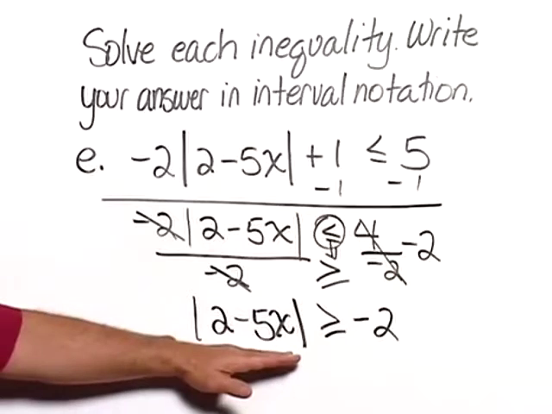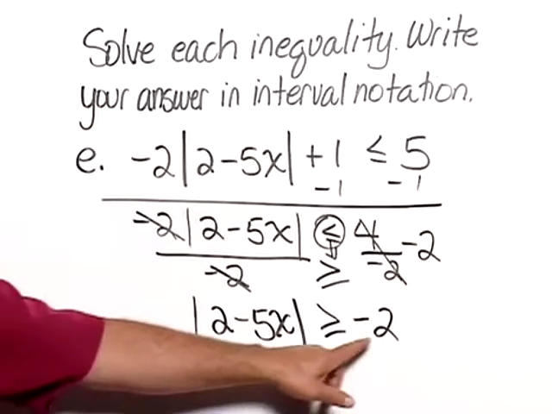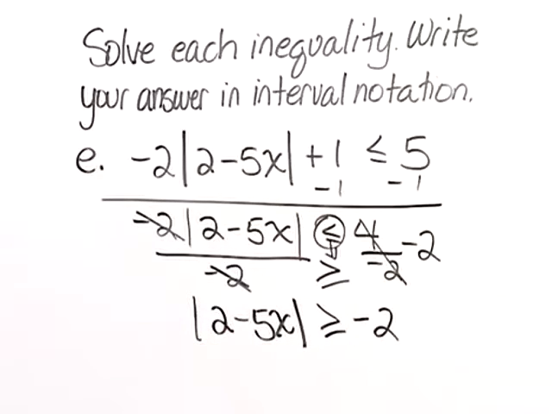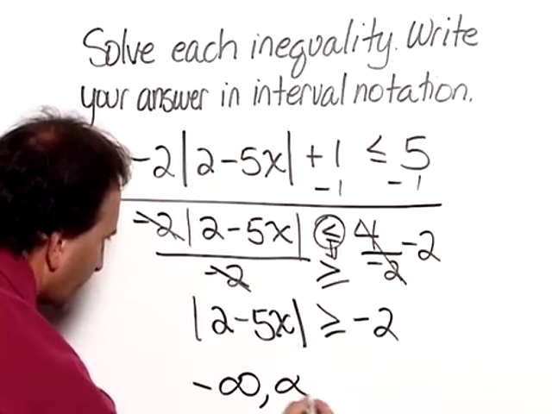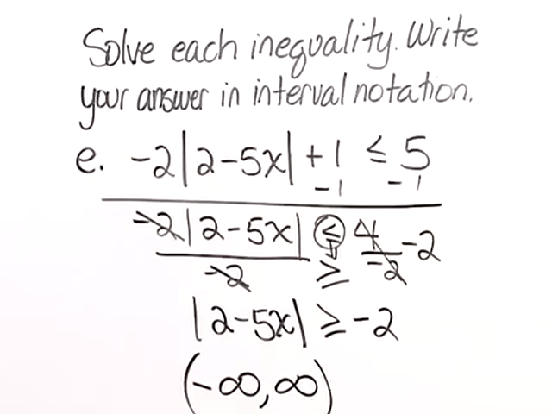But in that case, 0 or a positive number is always greater than or equal to a negative number, whether it's negative 2 or anything else. In other words, this is always true, so all real numbers work. When we write all real numbers as a solution in interval notation, we write from negative infinity to infinity. And that's the solution in interval notation.